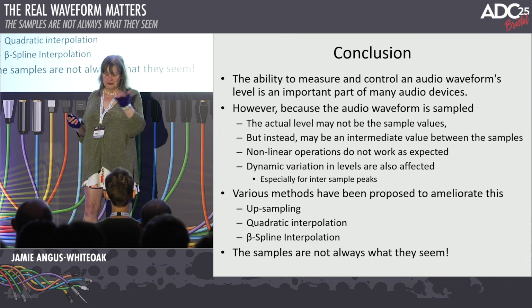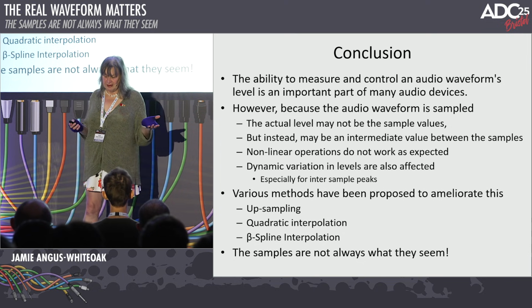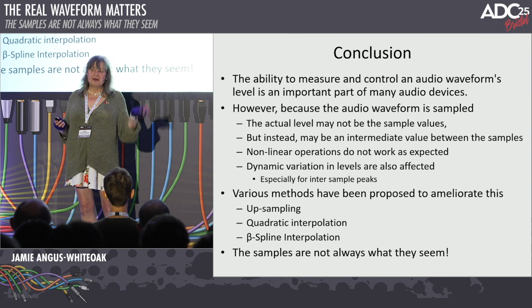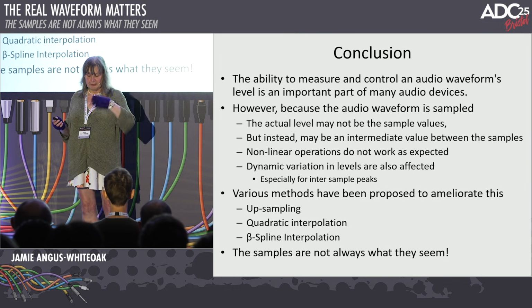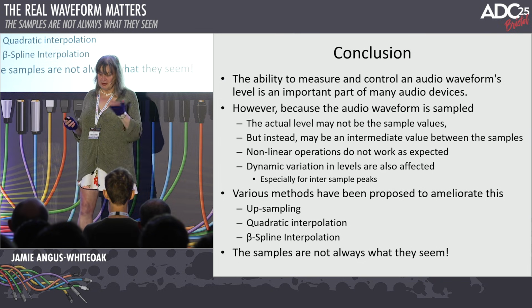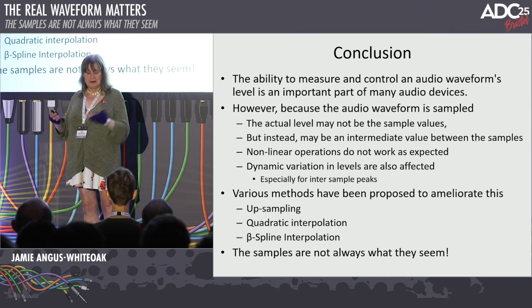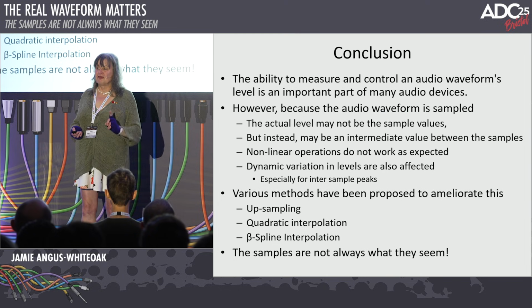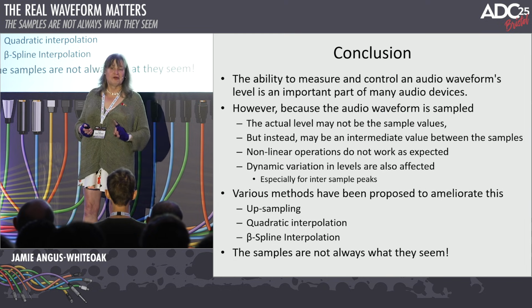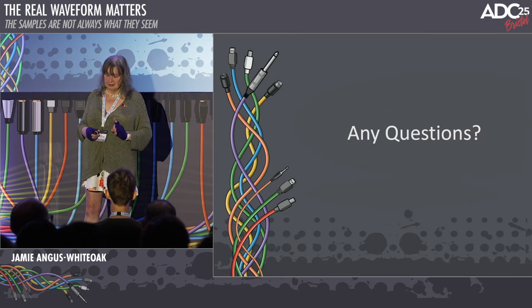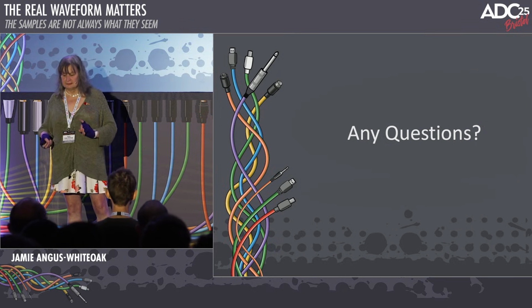Dynamic control using levels may also be affected. So various proposals have been made to ameliorate this: upsampling, quadratic interpolation, or B-spline interpolation. They're all tools you can use, but the important thing to remember is the samples are not always what they seem. Any questions?